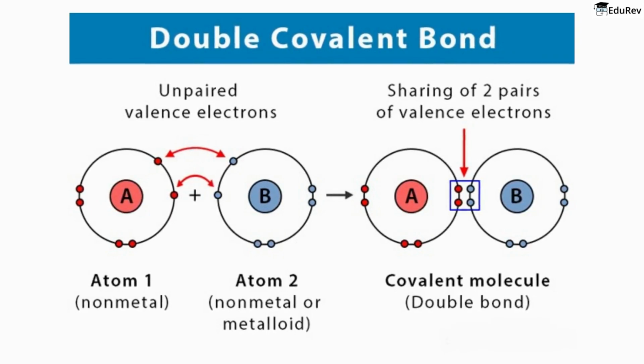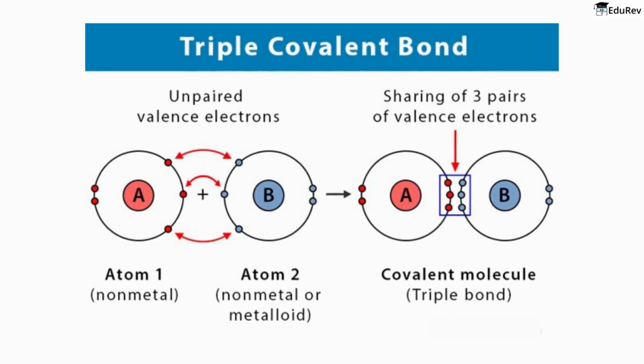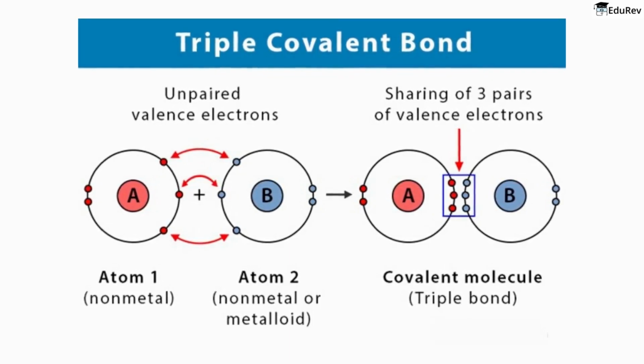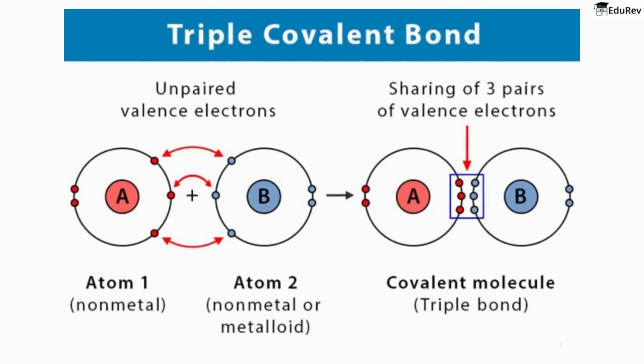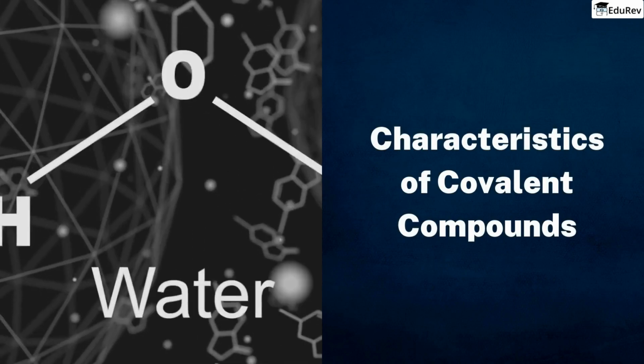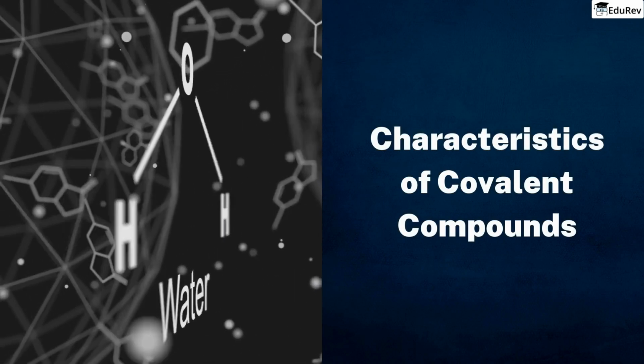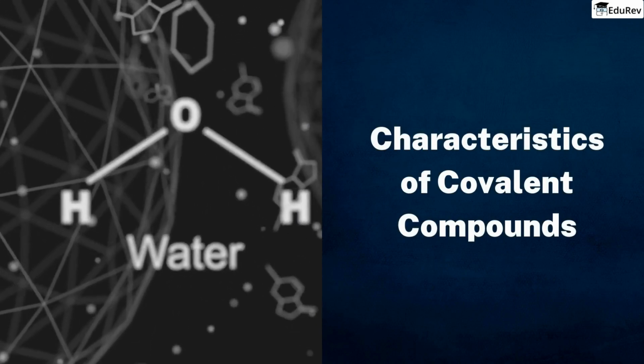Example of double bond is oxygen molecule. A triple bond is formed by the sharing of 3 pairs of electrons between the 2 combining atoms. For example, nitrogen molecule.